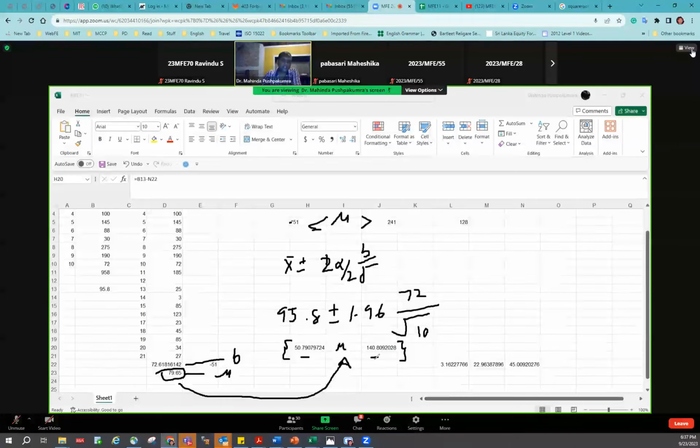How do you make this statement? Based on your sample. Now you can realize your statement is correct, because the population mean is 79. It's included in your range. Then you can say I'm 95% confident the population mean is between 50 to 140. Did you get the point?